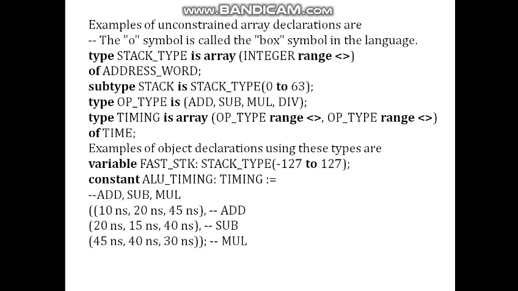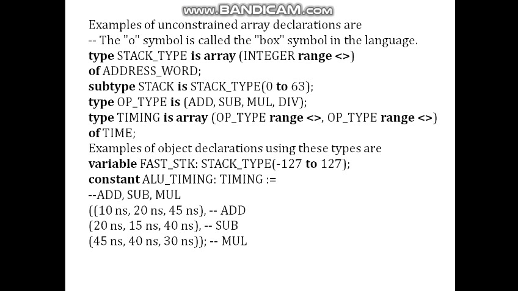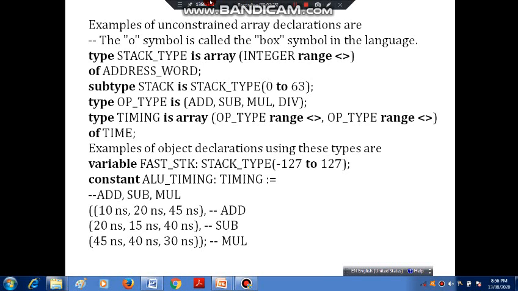For example, an ALU that performs add and sub operations has a delay of 20 nanoseconds. The declaration for ALU_timing is a special case of a constant declaration where no constraint needs to be specified for the unconstrained array, since the size of the constant object is determined from the number of values in the constraint. This is all about array types.